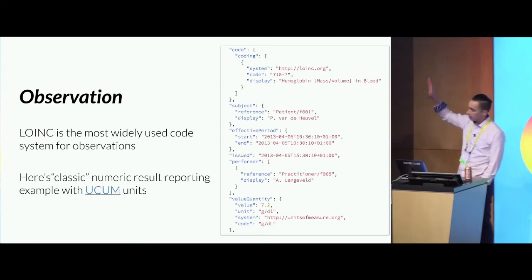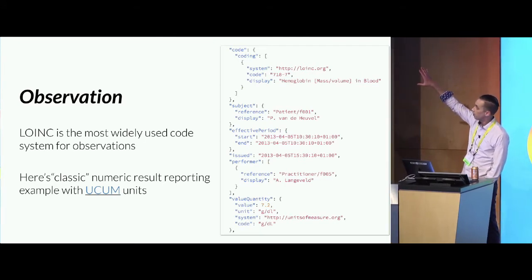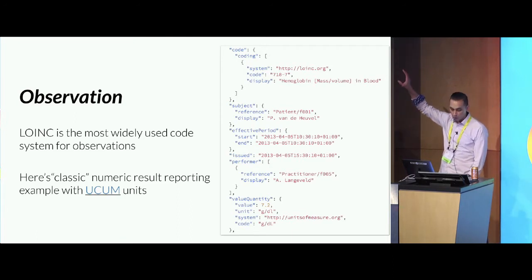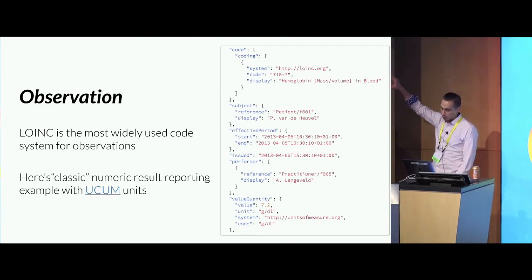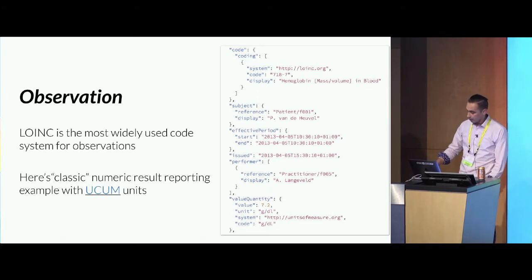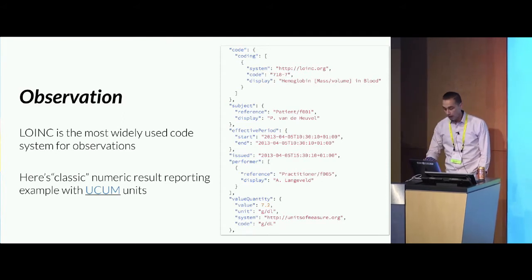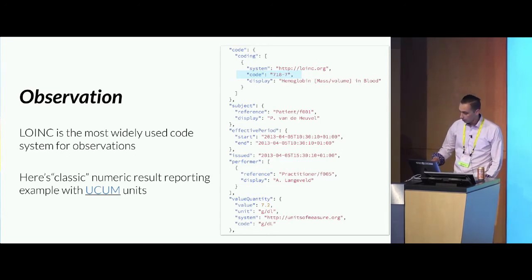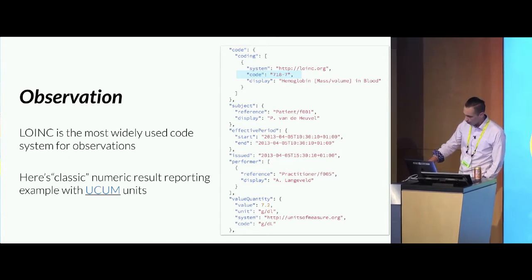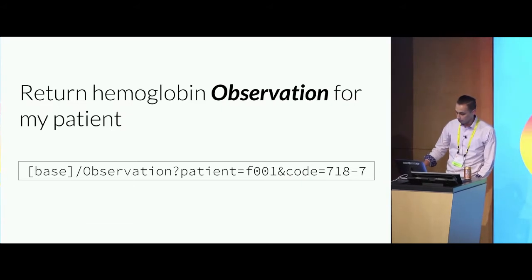So when you have an observation and you want to report a classic quantitative result, you'll use a LOINC code to identify the test or the measurement that's being done, and then over in the value quantity space, you'll have the actual result value with UCUM units coded up there. So here, you see the place where you'd find the hemoglobin or other observation code in that resource.